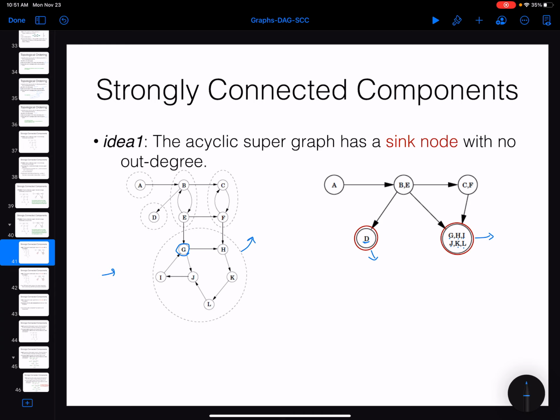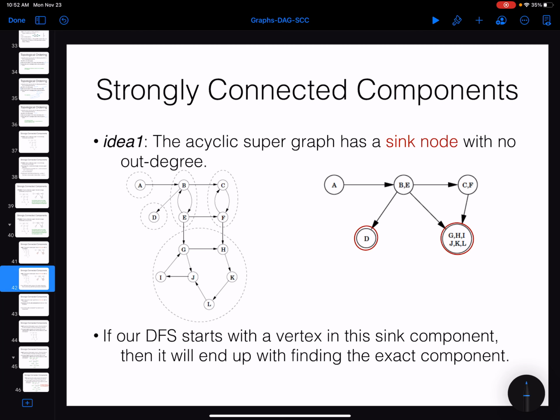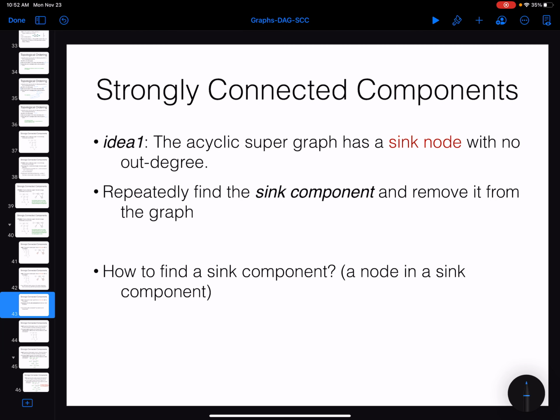Remove them from the original graph, find another sink node, again one node that is part of a sink node in the supergraph. Just repeat, and with time complexity of O of n plus m, I can find all of the strongly connected components in the original graph. This is the idea, right?